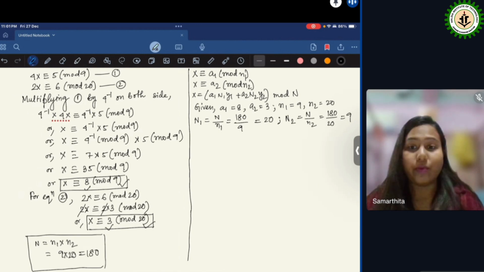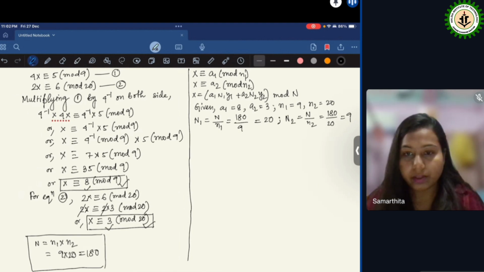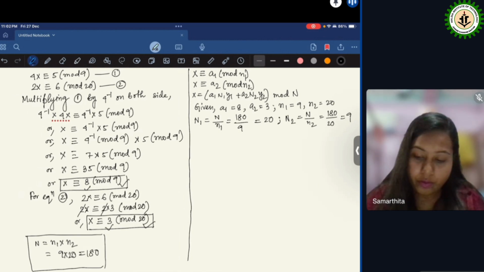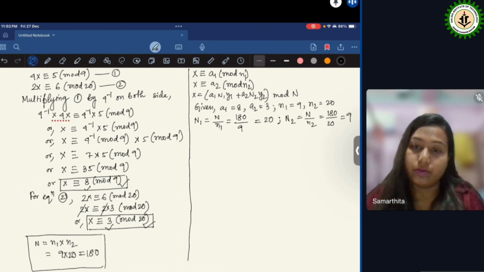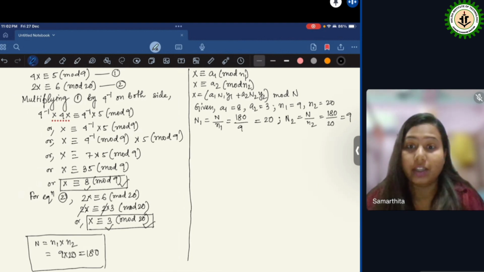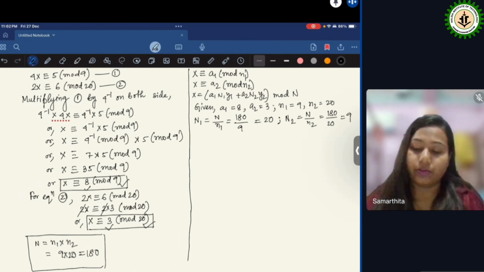Like y1 and y2, meaning yi. Here there are just two equations. For two equations there will be two modular inverses. For the first equation that is y1, and for the second equation that is y2. So now we just need to calculate the value of y1 and y2 to find our required value of x, the fixed variable for the Chinese remainder theorem.